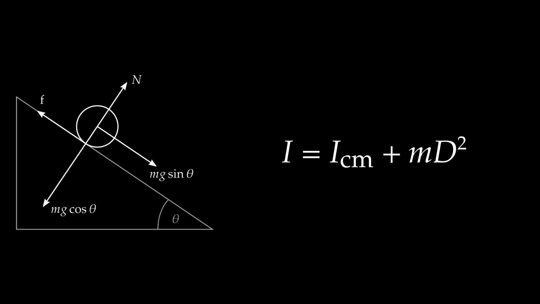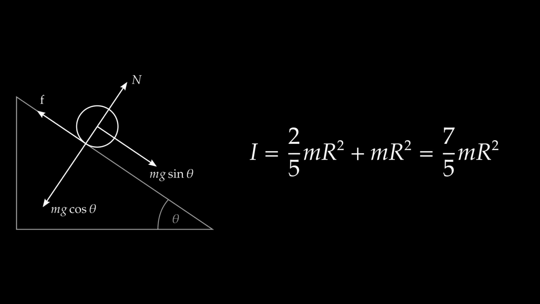It tells me that if I know the center of mass moment of inertia of a regular object, like I do, 2/5 mr squared, all I need do is add to that m d squared, where d is the distance between the center of mass axis of rotation and the new axis of rotation that I've chosen. That distance, you can see in my diagrams, between the center of mass and the point at which the sphere contacts the surface is r. So all I have to do is add a little mr squared to it. That's a fair trade-off. I'll take that.